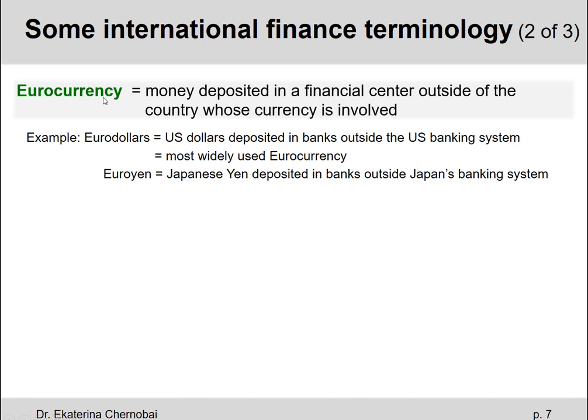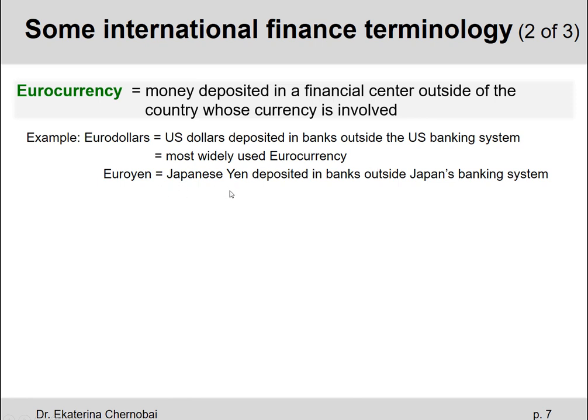So for example, we can say euro dollars. So what's euro dollars? It's dollars, but not in the United States, but outside the United States. So US dollars deposited in banks outside the US banking system. There's also euro yen. That's Japanese yen, but outside of Japan, so outside of Japan's banking system.